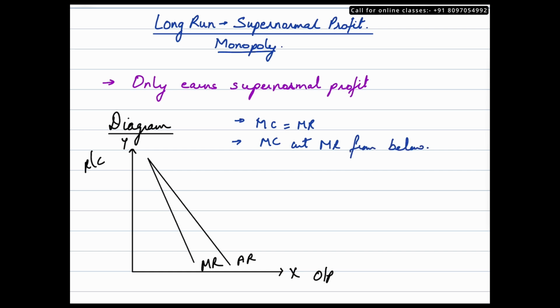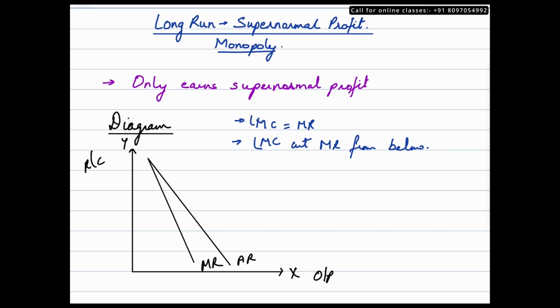Now, as I mentioned, the curves in this particular diagram would be long run. So instead of marginal cost, the term that you would want to use is a long run marginal cost curve. Alright, so the curve would be labeled as long run marginal cost curve, which is LMC.